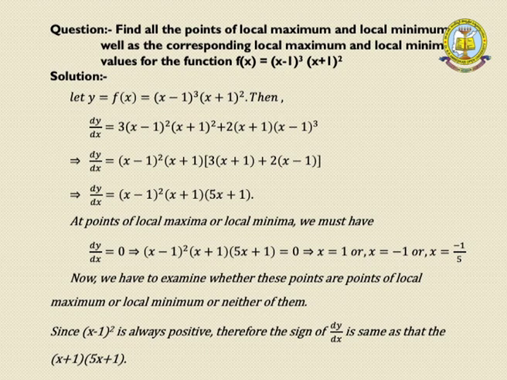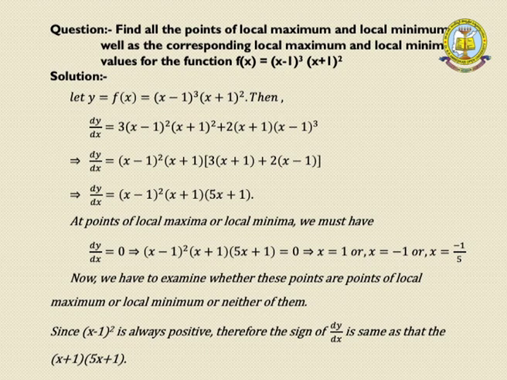By equating dy by dx to 0, you will have the values x is 1, or minus 1, or x is minus 1 by 5. Now we have to examine whether these points are local maximum or local minimum.